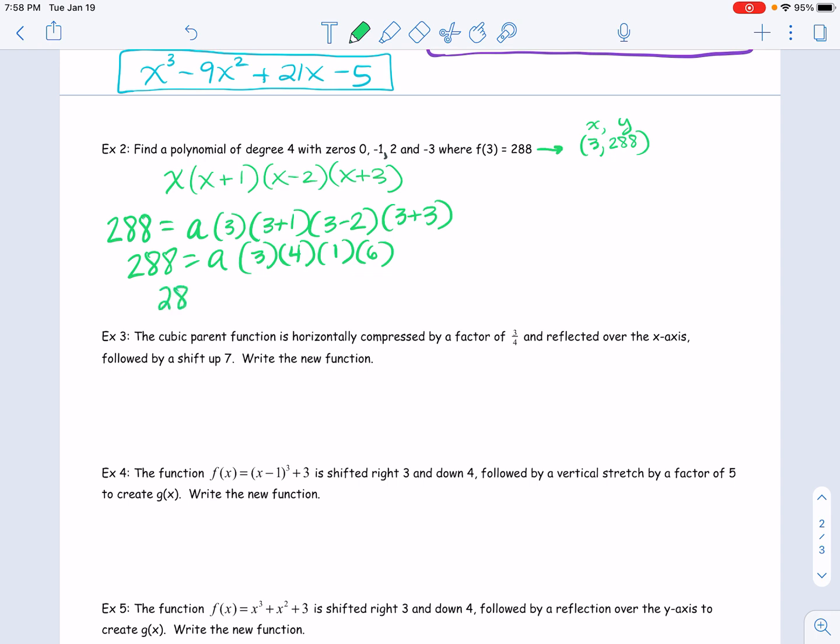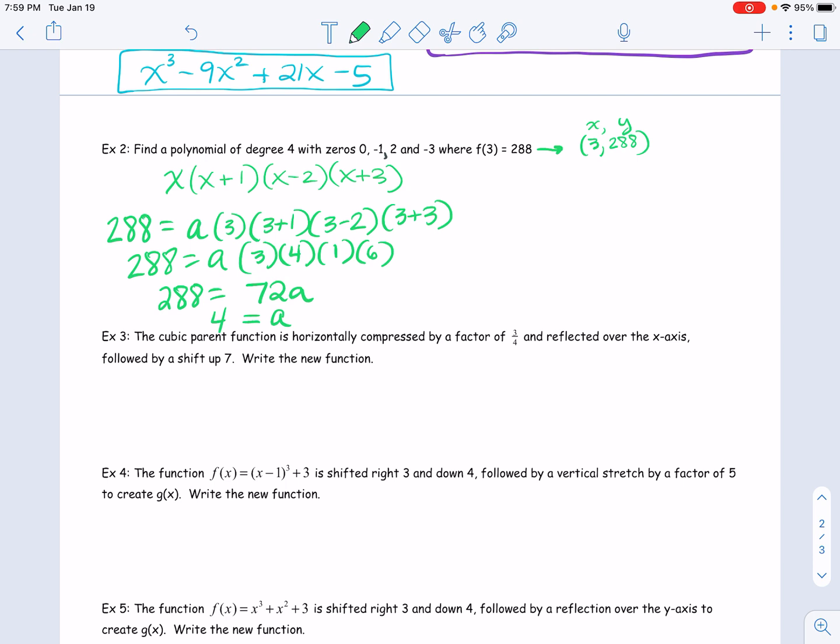So that means 288 equals 72a, which means a is going to equal 288 divided by 72, 4. Okay, so a is 4.